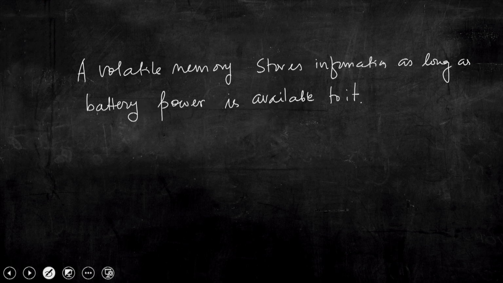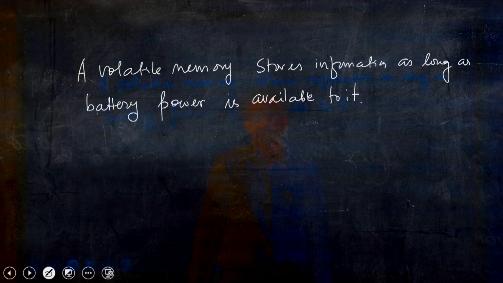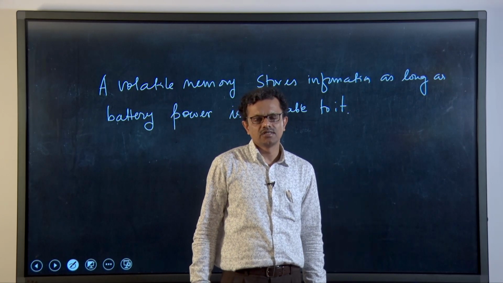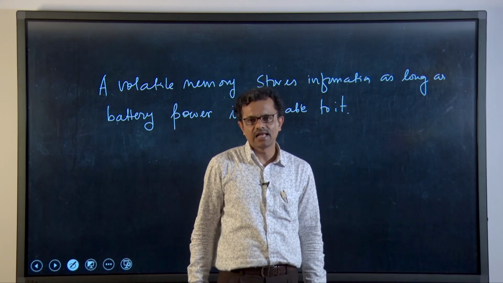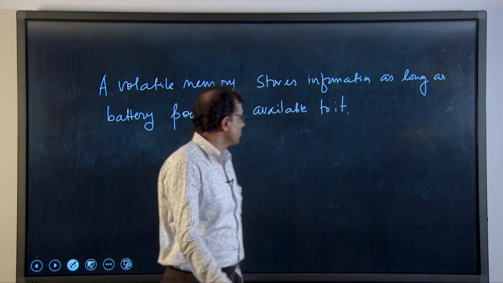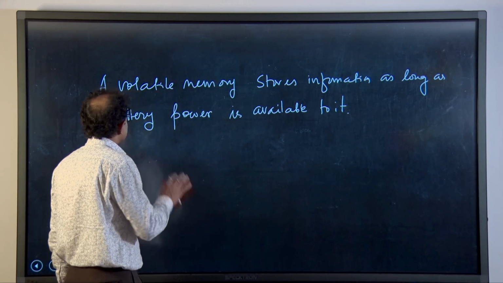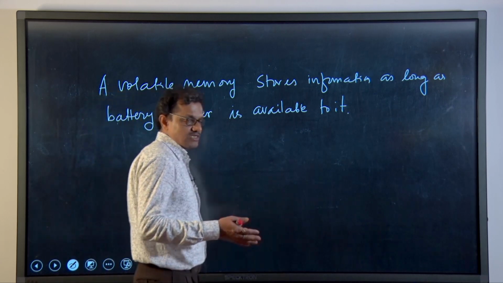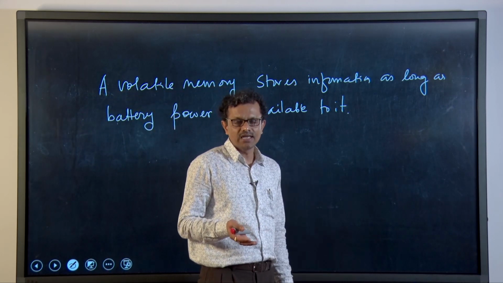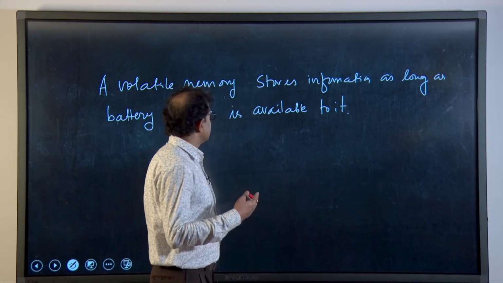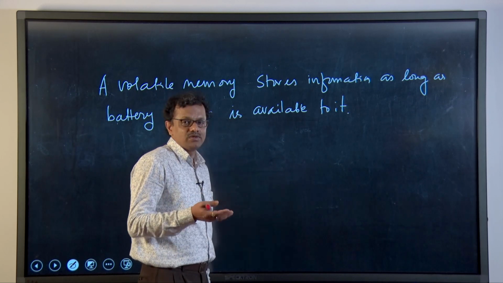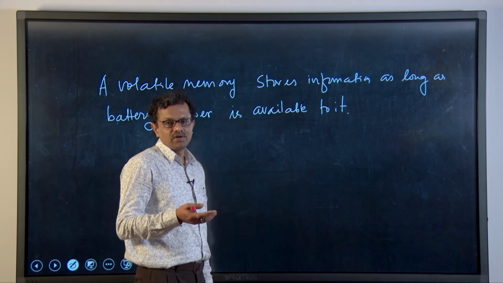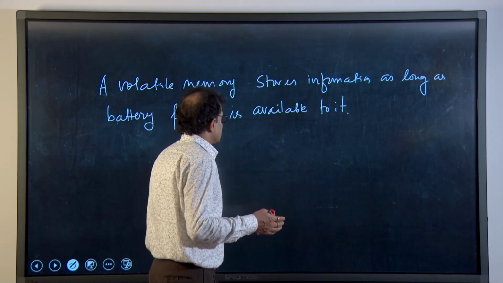So, let me write a few characteristics of this particular memory chip, that is RAM and ROM, and that is why we are first writing what is a volatile memory, because memory chips may be volatile or non-volatile. Volatile memory is that it can store information as long as battery power is on, right.